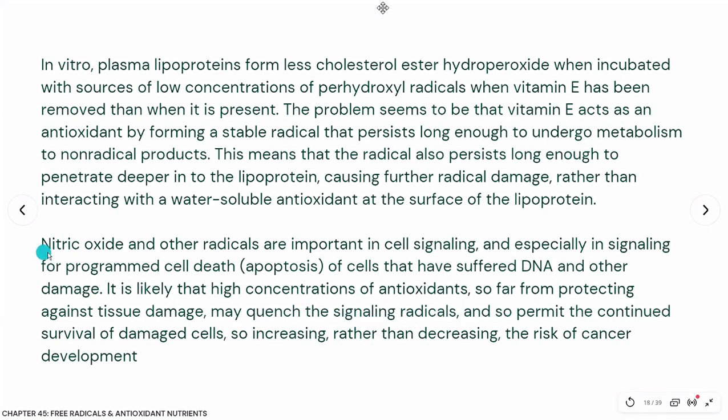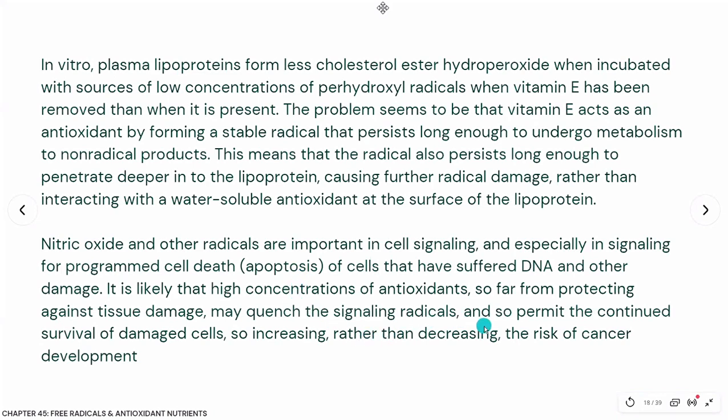And we remember we said nitric oxide is a radical. So if we are going to destroy all the free radicals in our body, then your nitric oxide, which is destroyed by antioxidants, cannot tag cells that are to be destroyed for what they call programmed cell death or apoptosis.